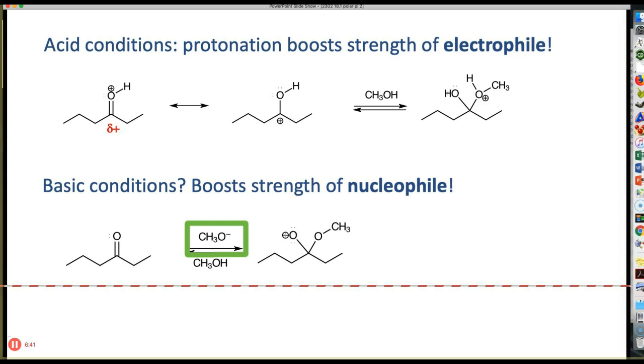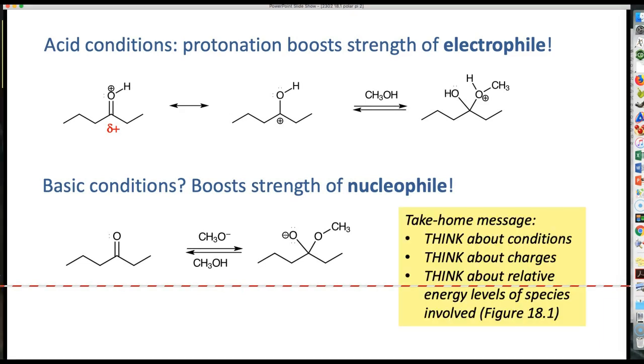We're either going to catalyze the reaction to go more quickly under acidic conditions by making our electrophile more electrophilic, or we're going to catalyze our reaction under basic conditions by using a catalytic amount of this base, and in so doing, that makes the reaction go a lot more quickly because my base is stronger. Those two principles are key in this kind of chemistry.